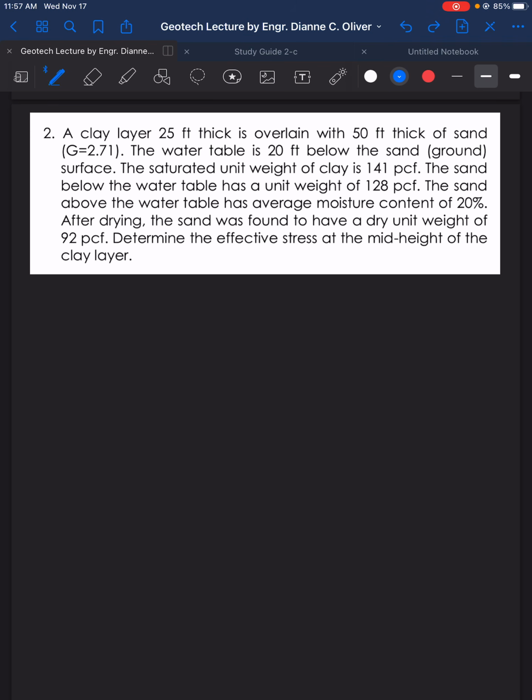Now from the word overlaying, it means that something is above it. So this clay layer has something above it. It is overlain with something. So clay is below the sand layer. So if we draw the figure, 50 feet for the sand.